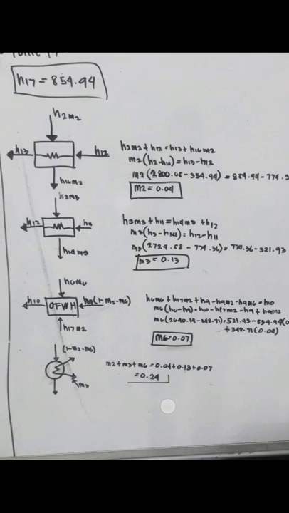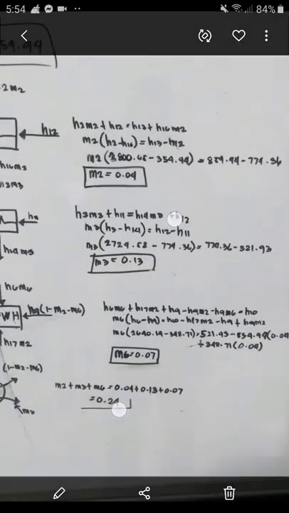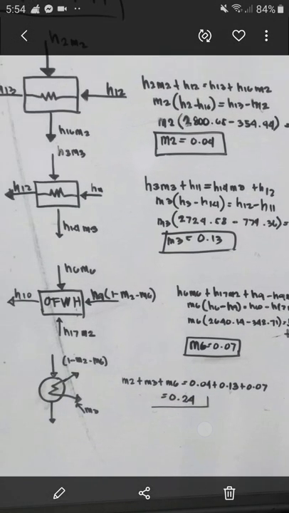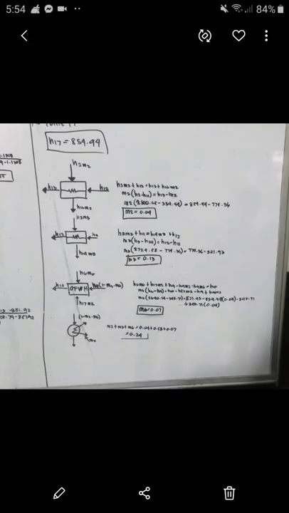And lastly, we have to add all the masses. So substitute all the masses and we have the total mass of 0.24. So let's proceed to the last process.